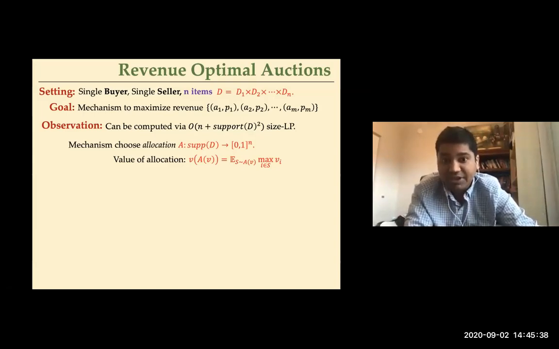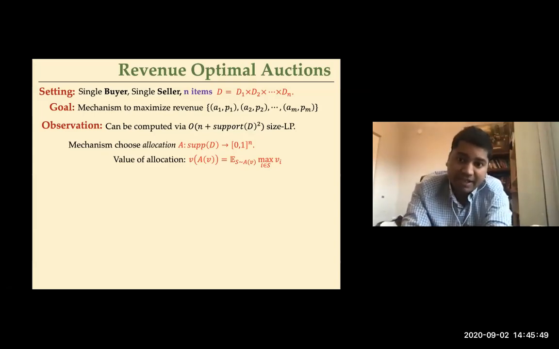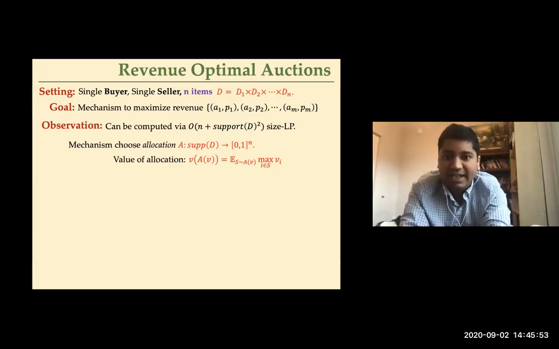And the allocation takes this valuation and outputs a distribution on sets of items. As I'm going to represent the set of items like I did on the previous slide, by a vector in the solid cube [0,1]^n. So any allocation takes a valuation vector and outputs a distribution on subsets of items. Okay. The value of this allocation is somewhat confusing notation. So again, let's be very careful.